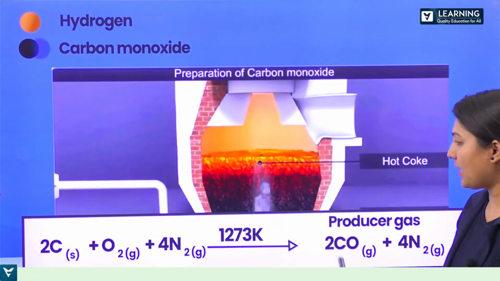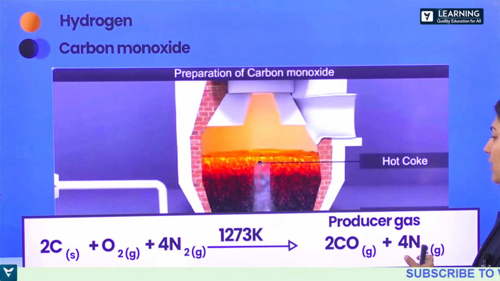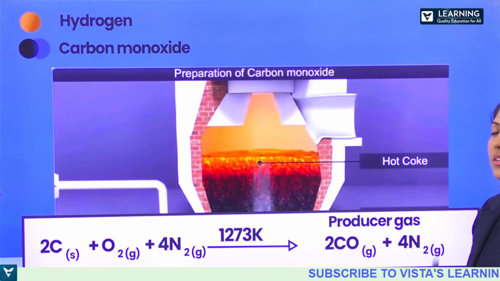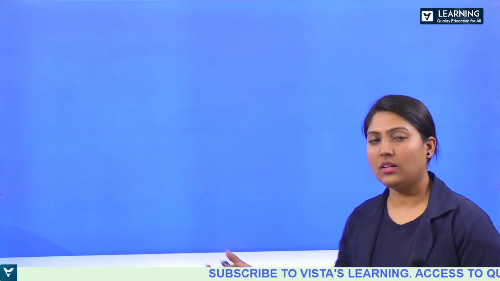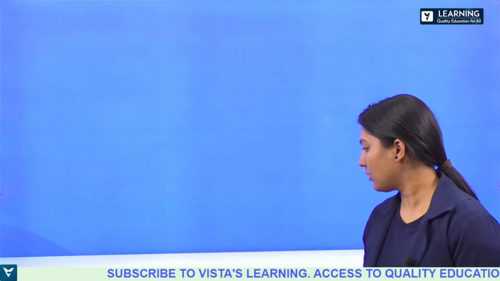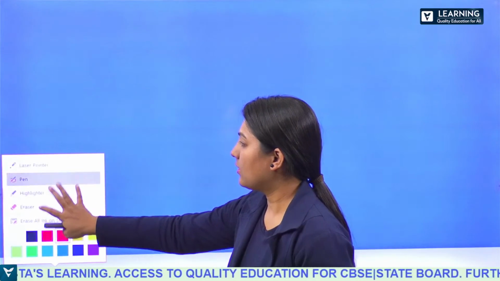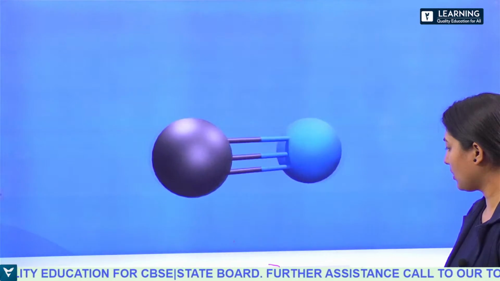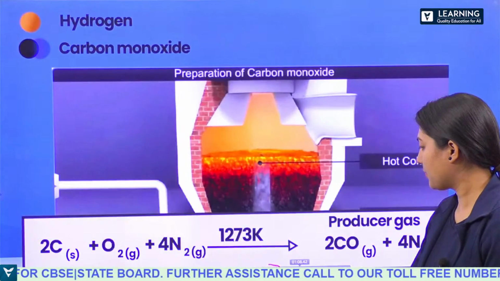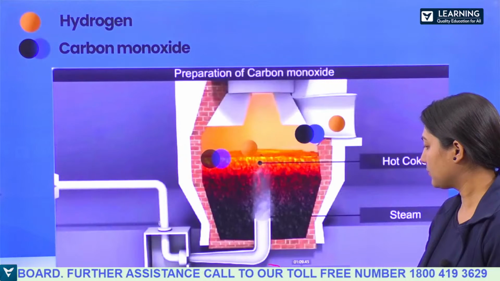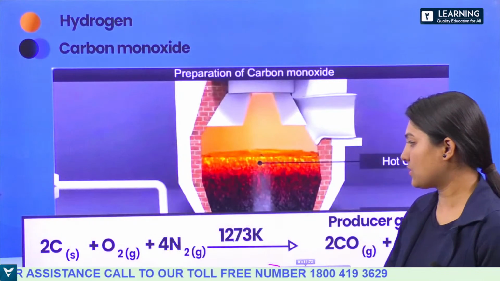This can also be done in the presence of nitrogen, and we get carbon monoxide with nitrogen gas evolved when coke is reacted with oxygen. The first two things are there, students.